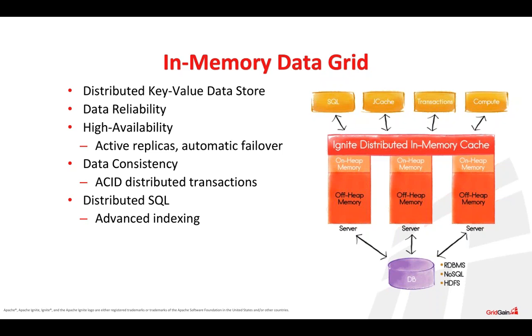It's important to emphasize that the Apache Ignite data fabric is widely used in financial institutions and organizations. And this is the reason why Apache Ignite treats data consistency as a high priority feature.